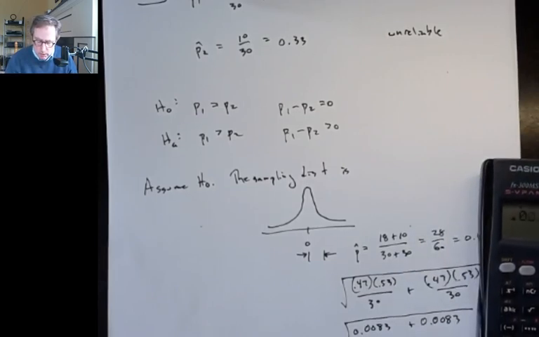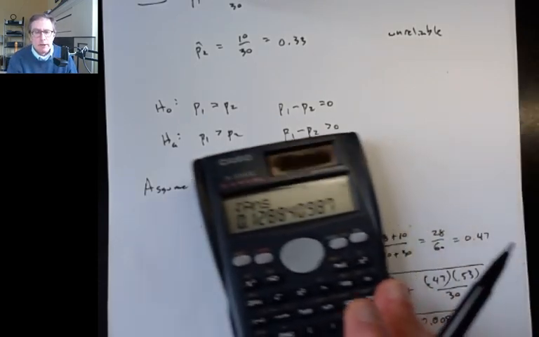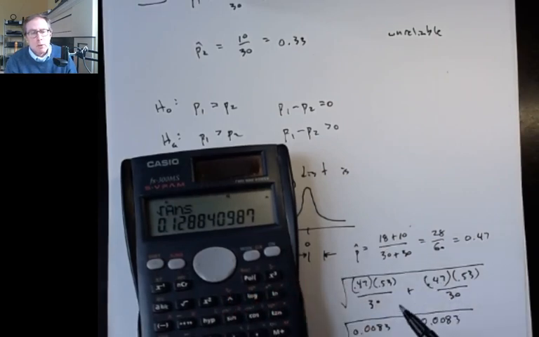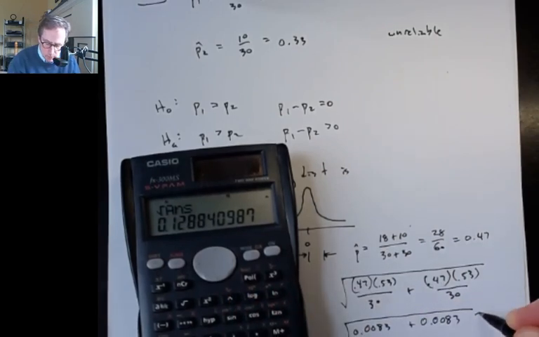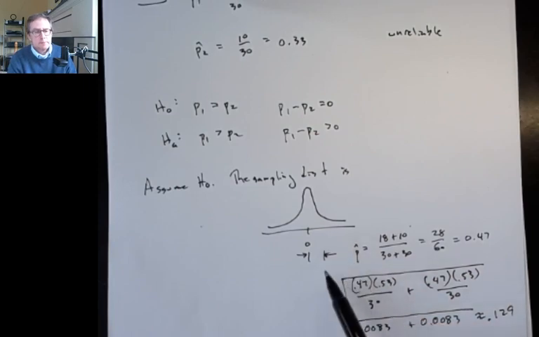So 0.0083 plus 0.0083 equals, take the square root, and I got 0.129. So this is all approximately 0.129. So that's the spreadedness of this curve.